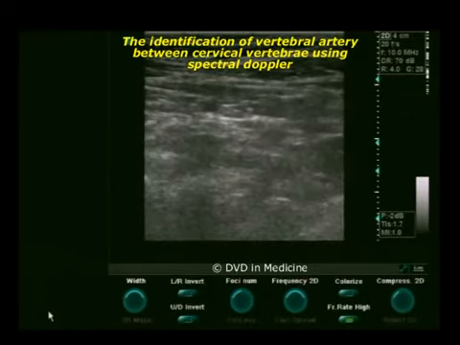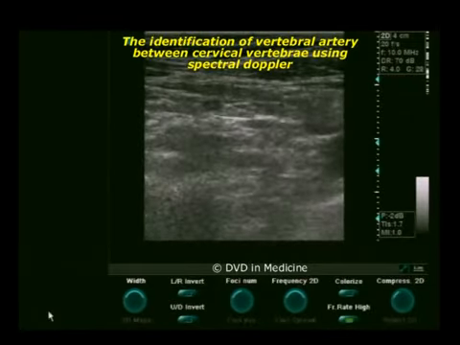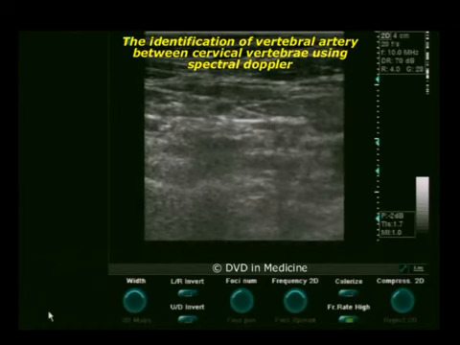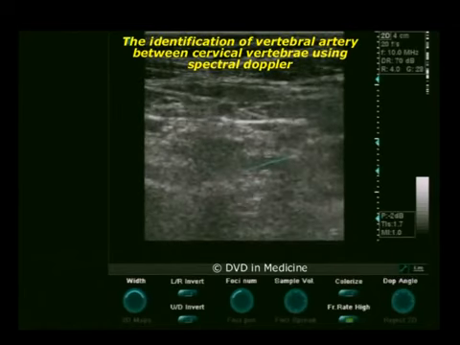In 7 to 10% of individuals, there are significant segments of hypoplasia which result in the artery not being visible.